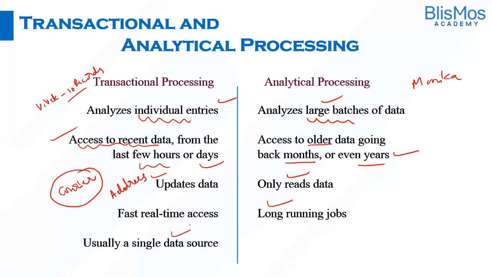On the other hand, in analytical processing, we would have multiple data sources. For example, to check why the revenues were low in the current month, she had to check data from previous years from the multiple systems. I hope you understand how transactional processing is different from analytical processing.